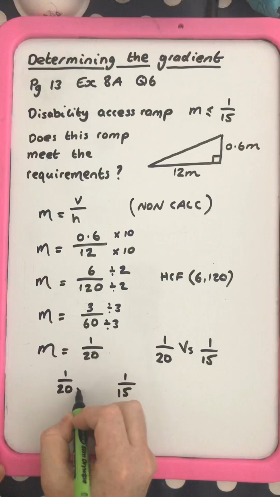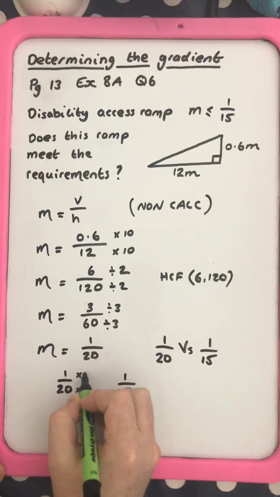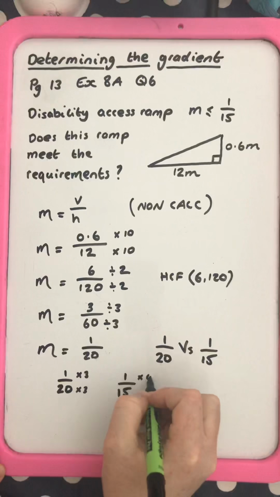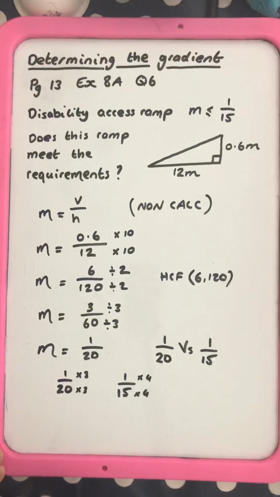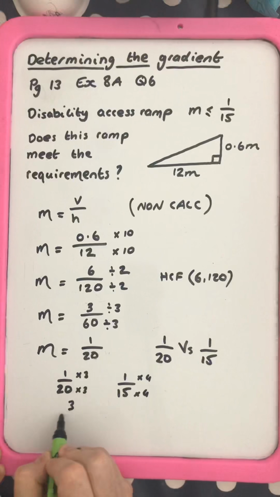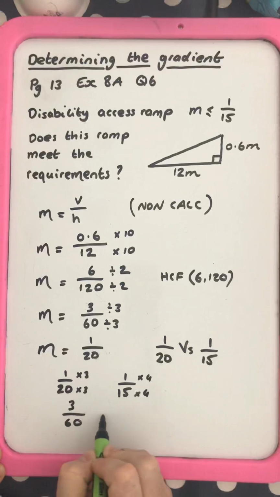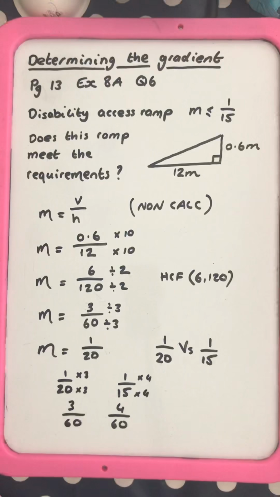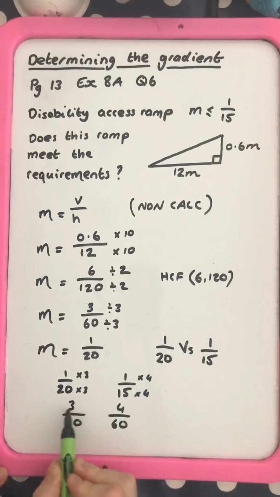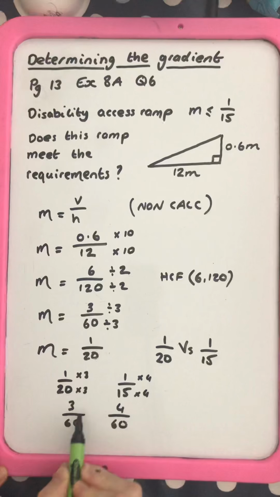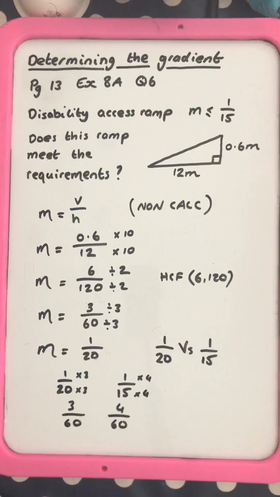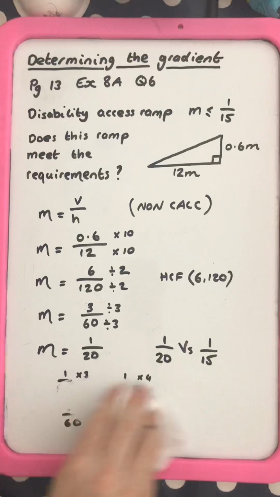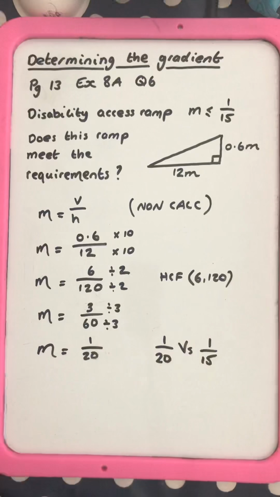So we've got 3 of these and 4 of these. So we're comparing 3 into 60 equal parts and 4 into 60 equal parts. So we have less here again. So 2 strategies I'll share with you there to compare them.